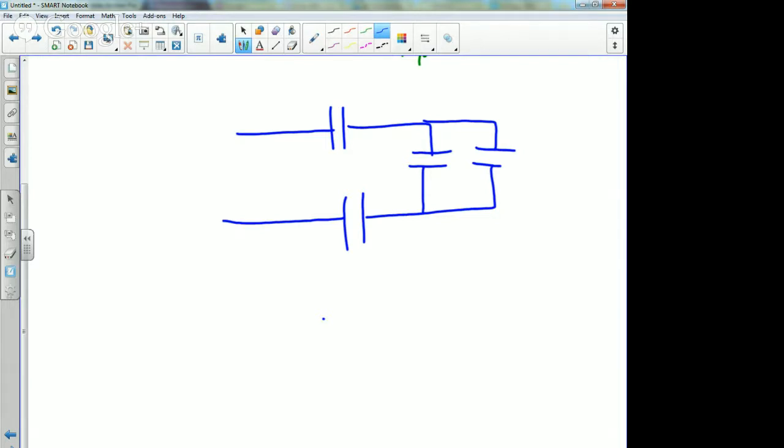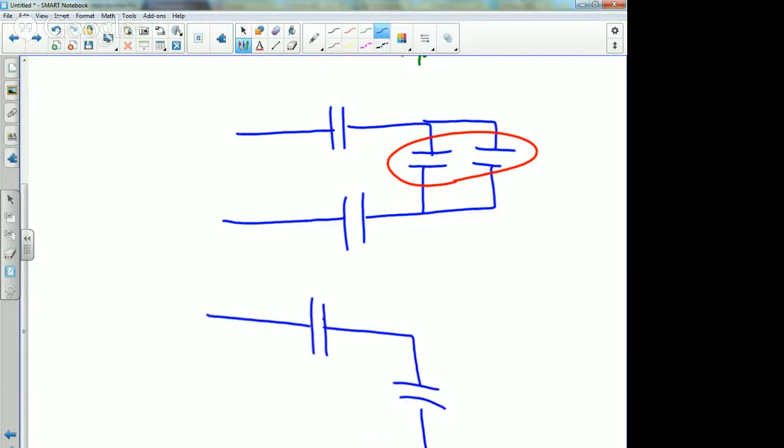Nick? The 20s. Now, overall, what kind of circuit is this? It's parallel, okay. So now, they combine into one. So, this is 10, 10. What's that capacitance now? 40. 40, good.